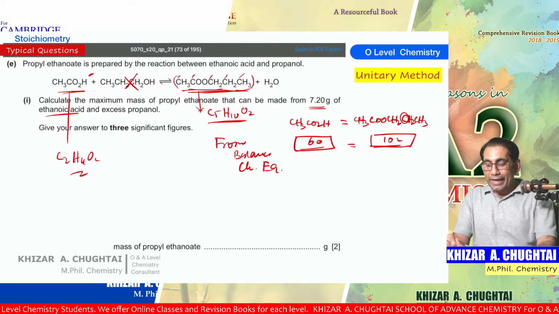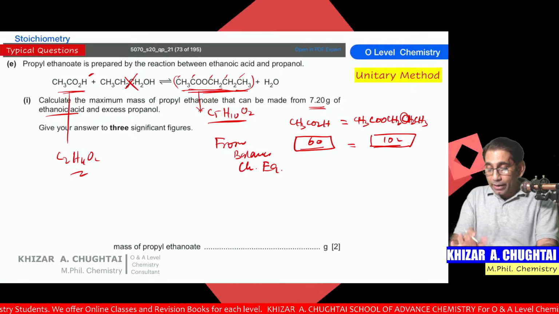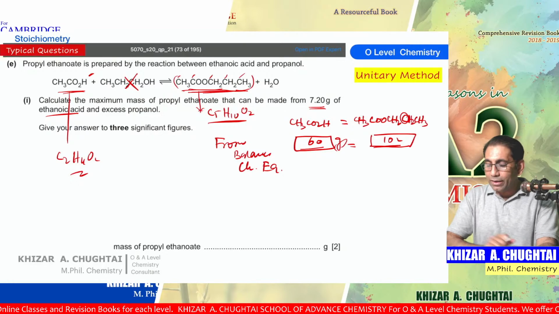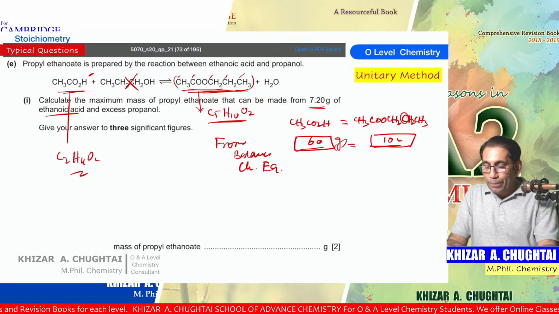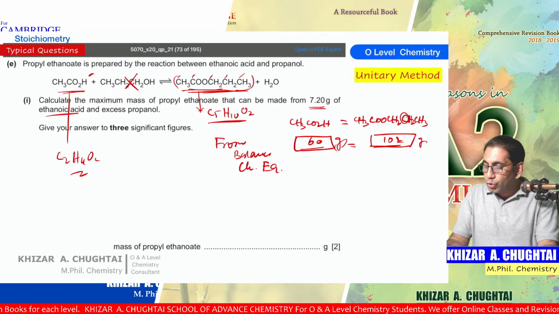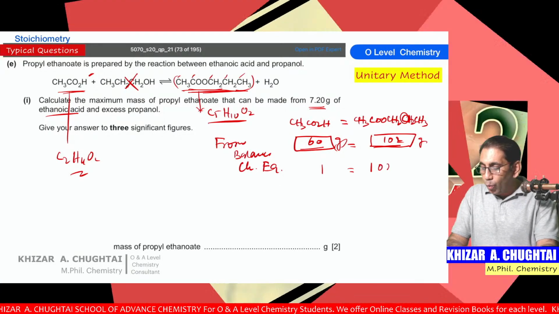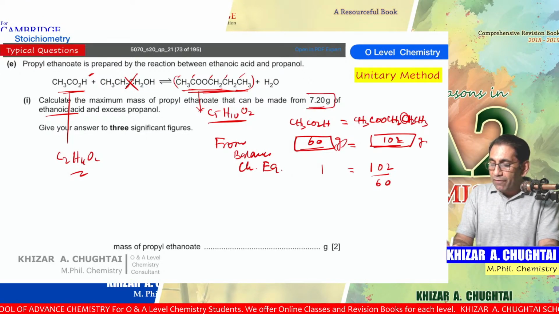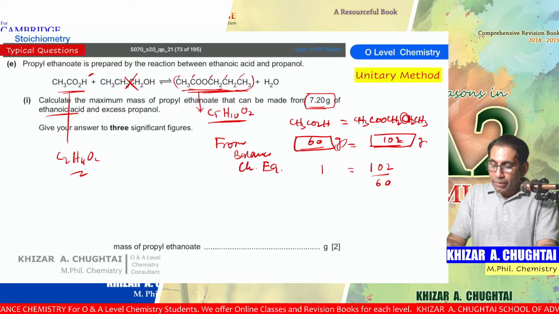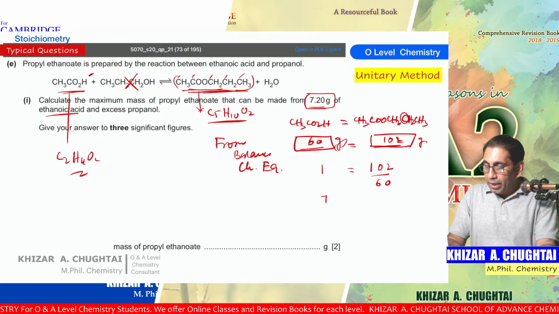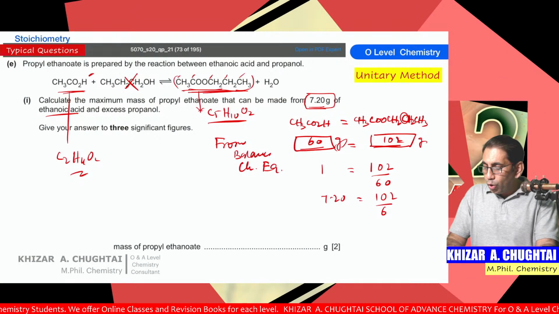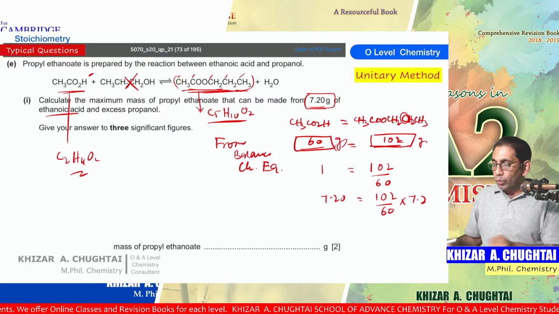So it is clearly evident from the equation that when you are using 60 gram of ethanoic acid, the answer of this propyl ethanoate is equal to 102 gram. If I am using 1 gram, its answer will be 102 over 60. At the moment we are using 7.2 gram. 7.2 gram will yield 102 over 60 into 7.2.